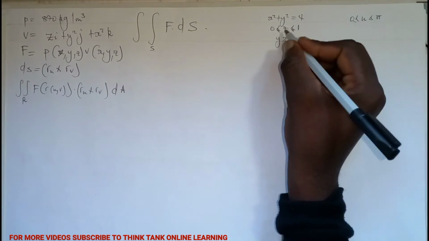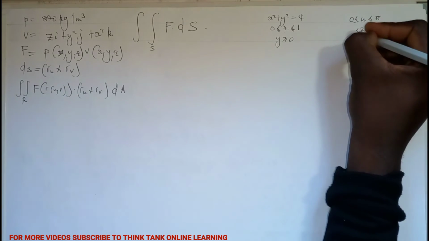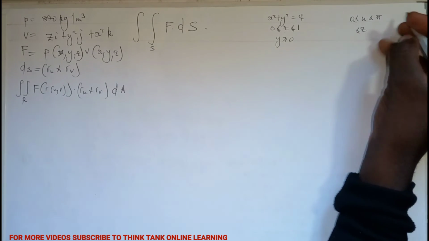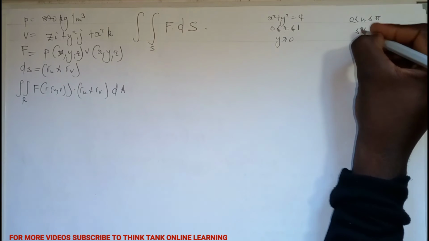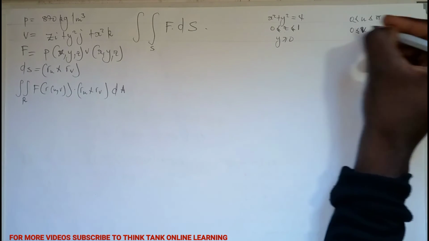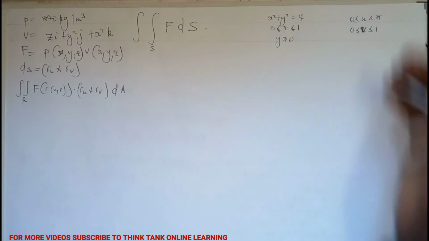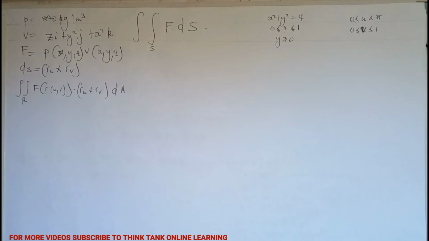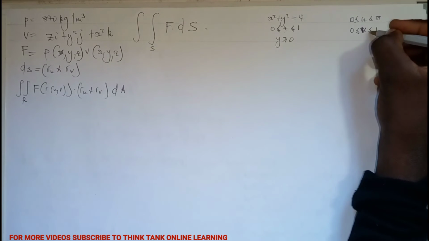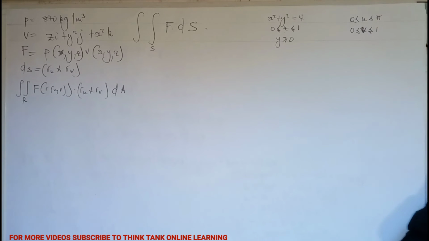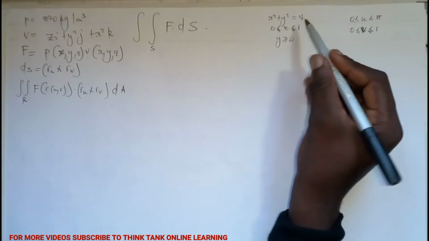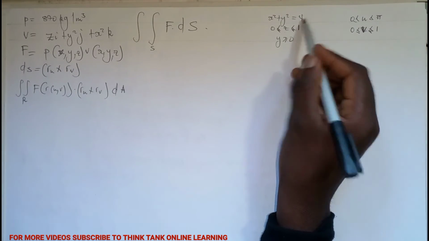Then since z is independent, I'm going to choose v for z, which ranges from 0 to 1. I think using parametric equations is very easy and can ease some work here. So if you don't master it, I think you should just go and master it so that you won't have a problem. Okay, so that means this is a circle of radius 4.